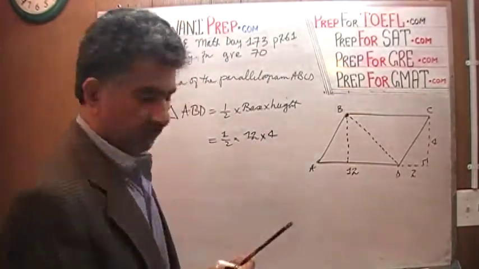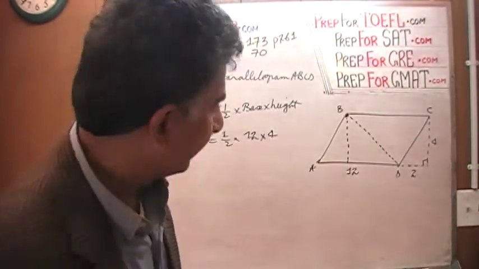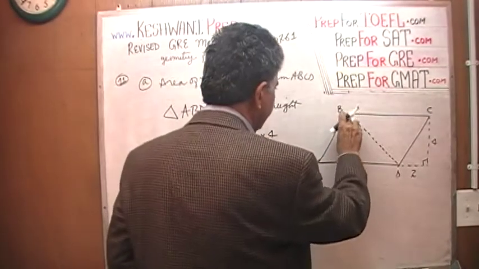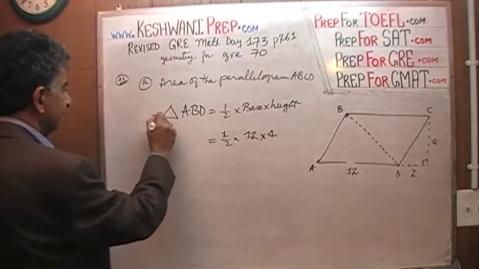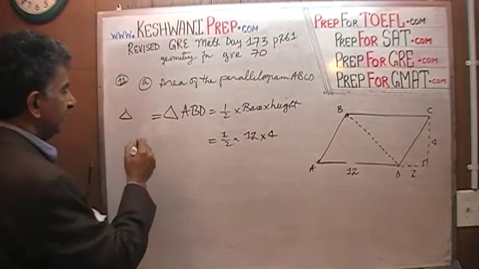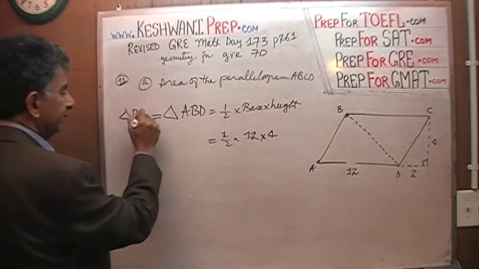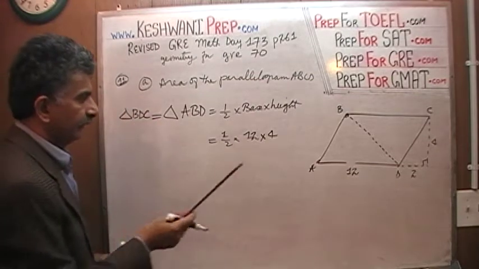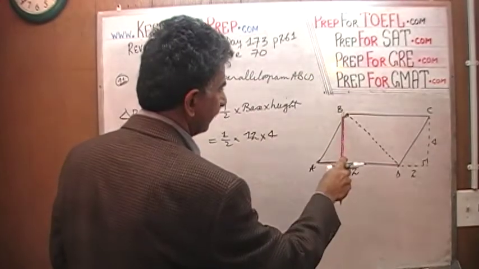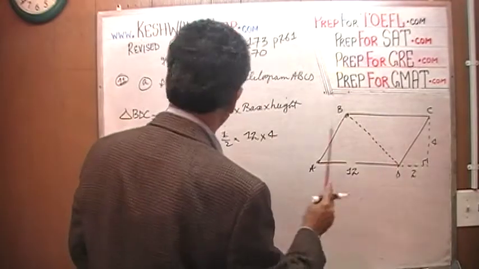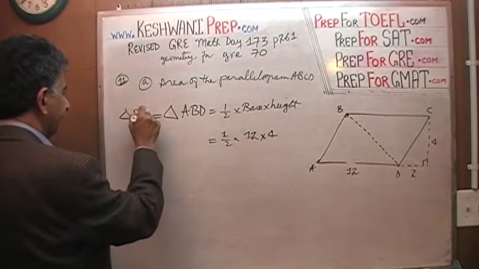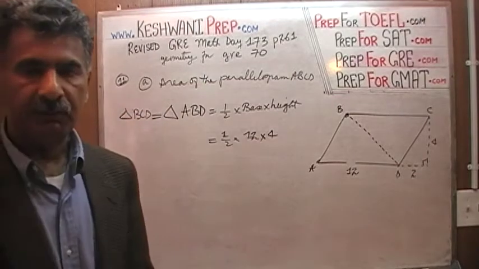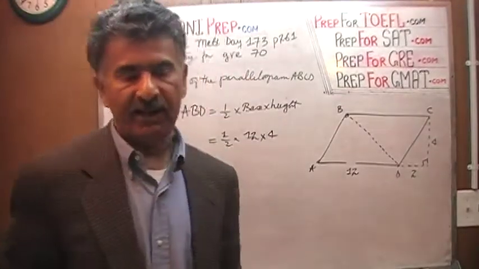Then the next thing we have to realize is that this triangle ABD is the same as the triangle BCD. The exact same triangle, because it's a parallelogram which has been cut in half.